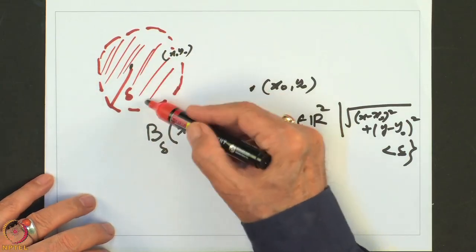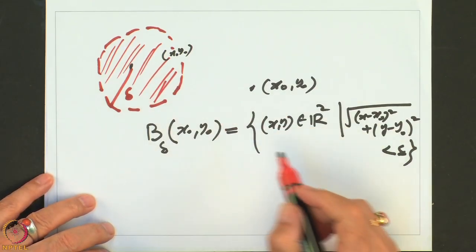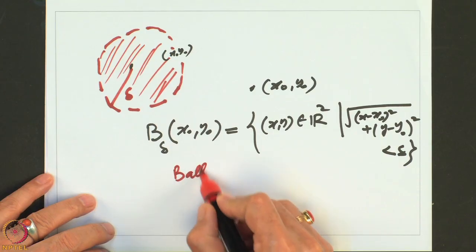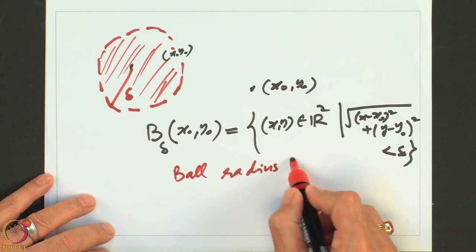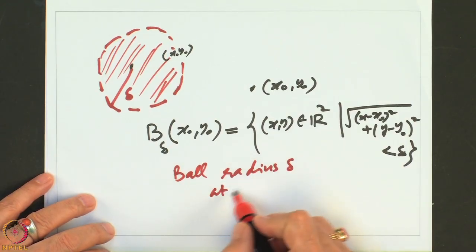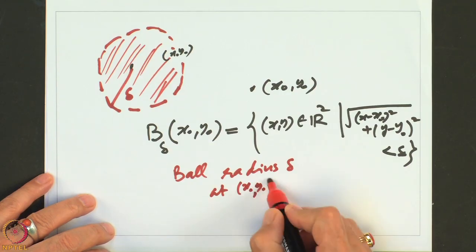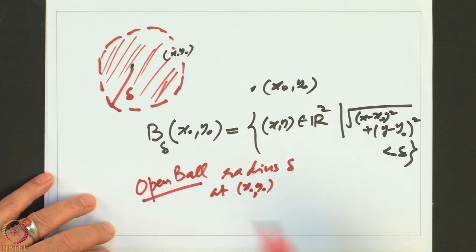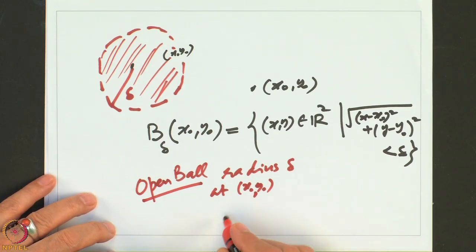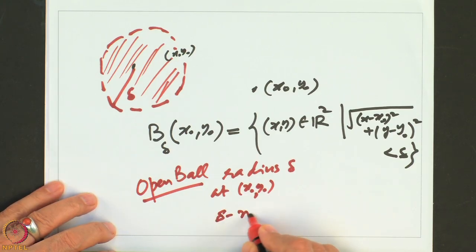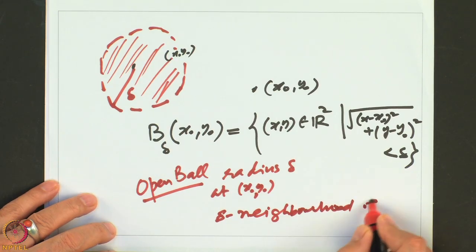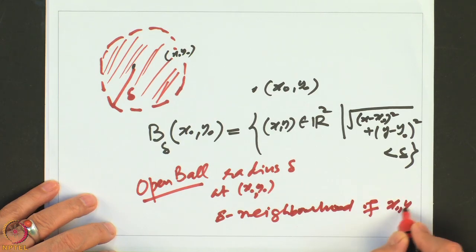So, all points inside, that is the ball, a ball of radius delta at the point (x0, y0). Because we are not including the boundary, one normally qualifies it as an open ball of radius delta. This is also sometimes called the delta neighborhood of the point (x0, y0).